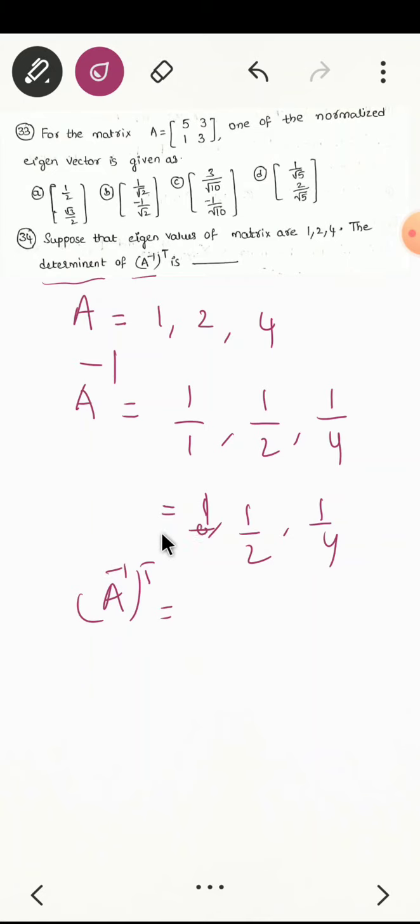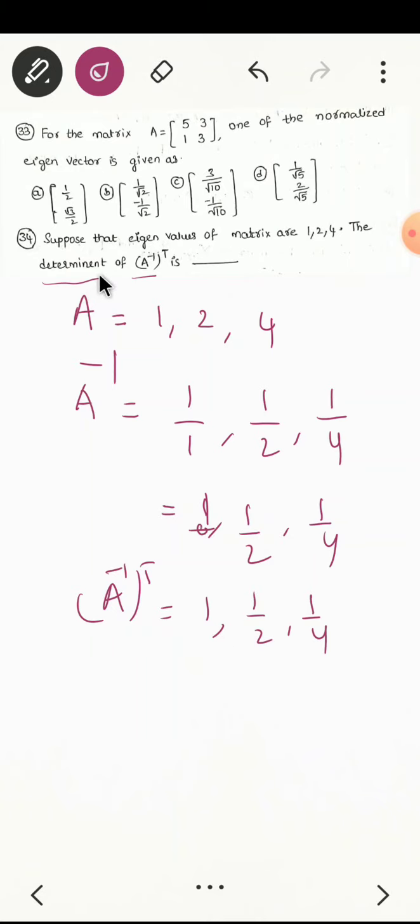If A inverse has these eigenvalues, then the transpose will also yield the same eigenvalues, as I was saying: A and A transpose have the same eigenvalues. So the eigenvalues of A inverse transpose are 1, 1 by 2, 1 by 4; doing the transpose doesn't affect eigenvalues.